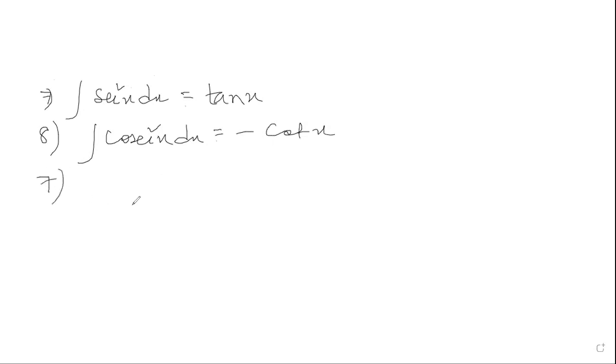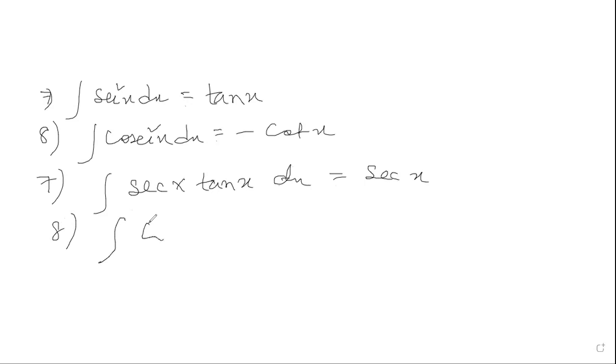But if it is sec x tan x, then the formula for sec x tan x dx is sec x. And if I have cosec x cot x dx, then it will have minus cosec x.